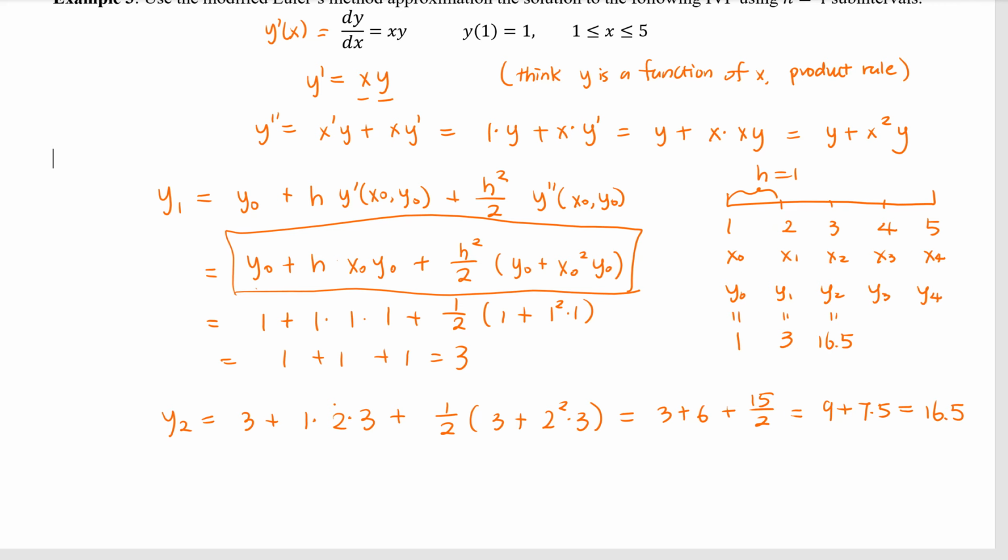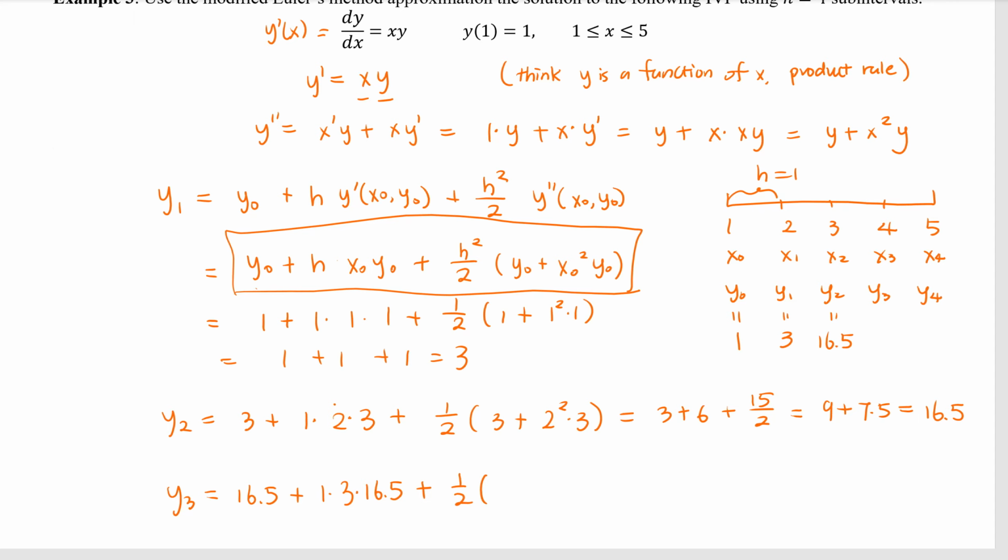Next, we're going to continue and use x2, y2 to find y3. So we have the y value, which is 16.5 plus, h is 1, x is 3, and this is 16.5 plus 1/2.